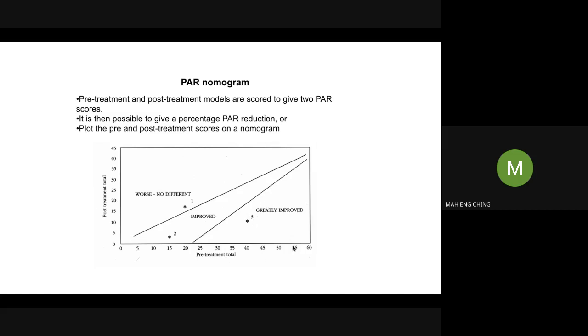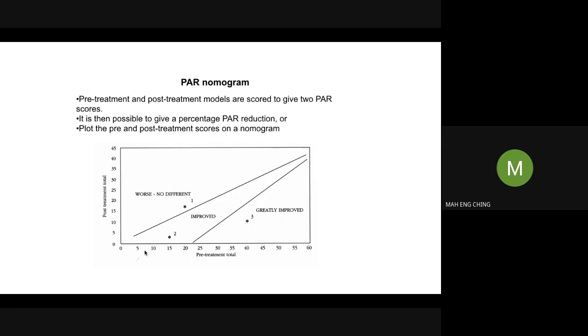Let's say I have 55 to start with, then after treatment I have 45. Then this patient will fall into the category worse or no different. Let's say I have 25 to start with, then the patient later has 10, then that is considered improved, but not greatly improved.